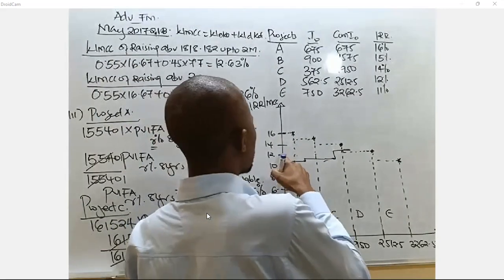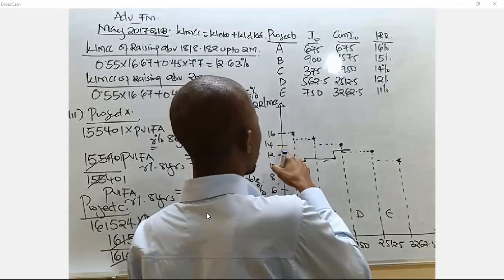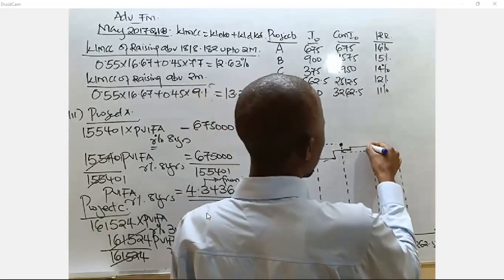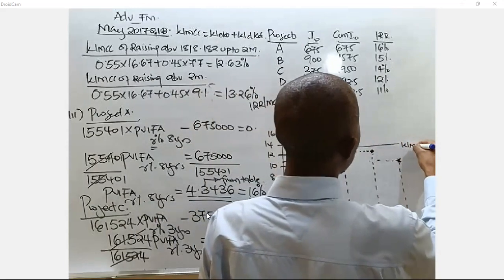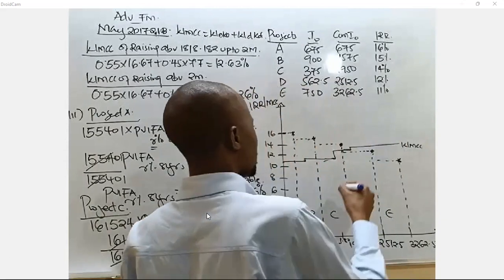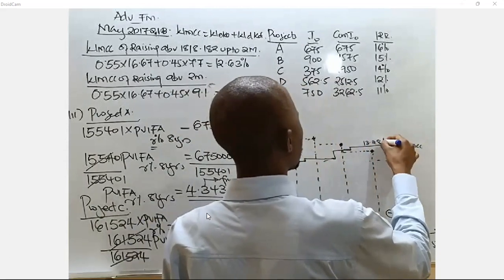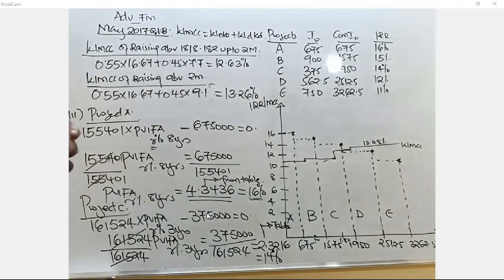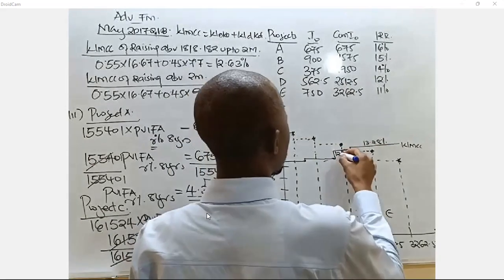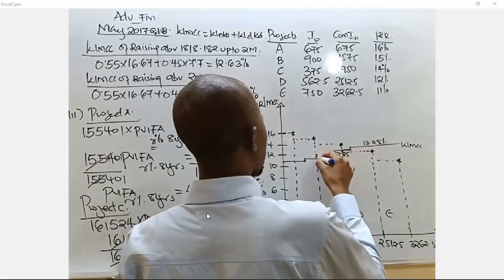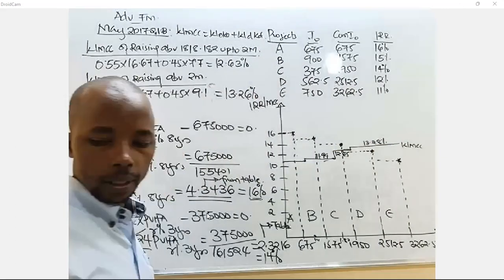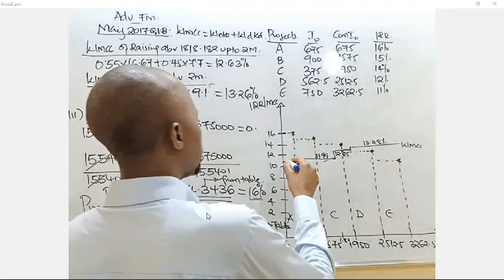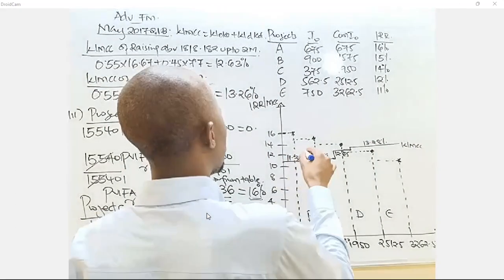So 12, 13 is somewhere. Let me put it like this. Mine is just elaborating, and this is your WMCC. So the last one we have said is 13.28%, followed by 12.65, then 11.99, then the first one was around 11.36.